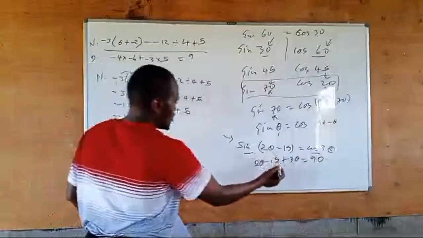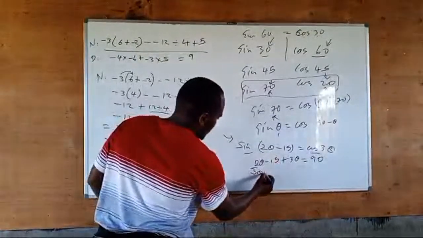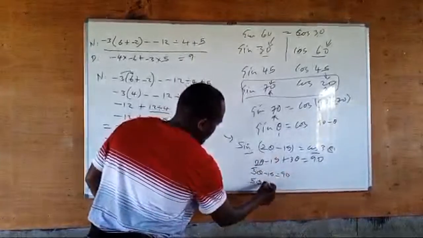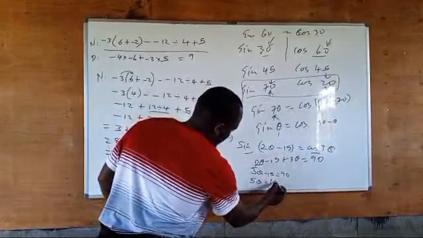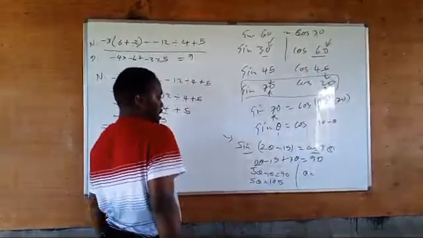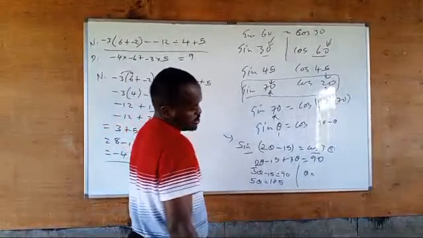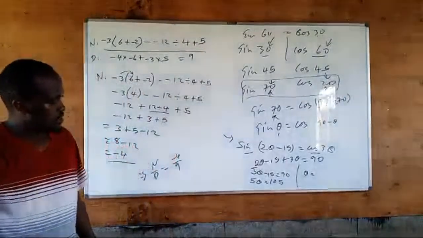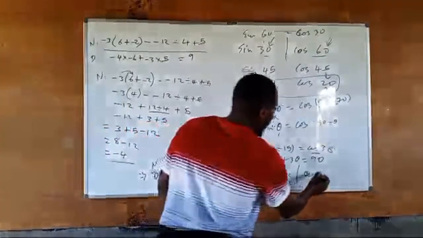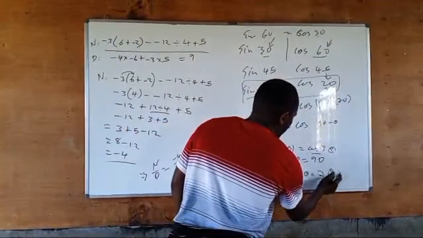So we add: 5 theta minus 15 equals 90. 5 theta is equal to 105. Theta equals to 21, and then I give that it is in degrees.